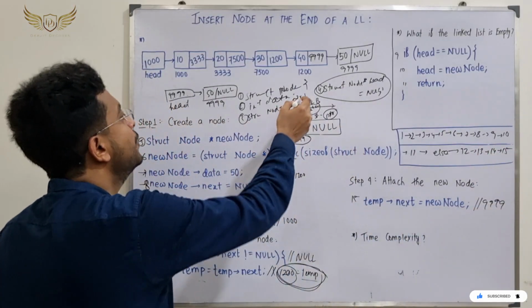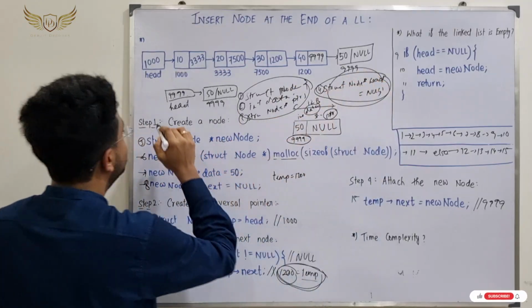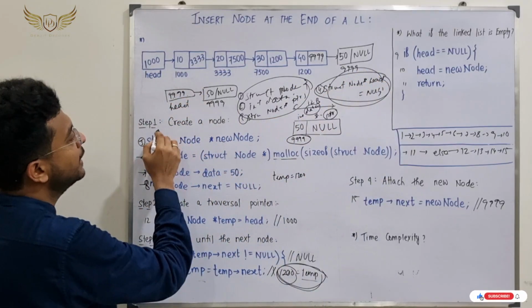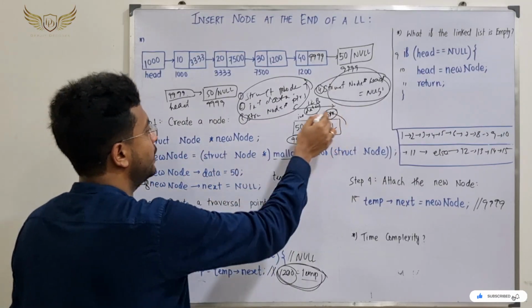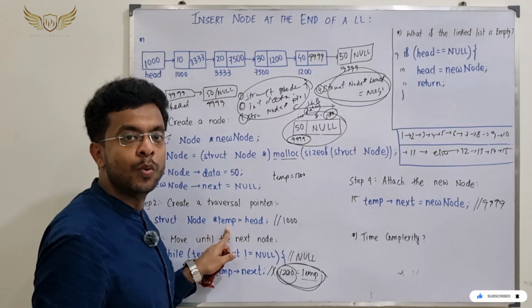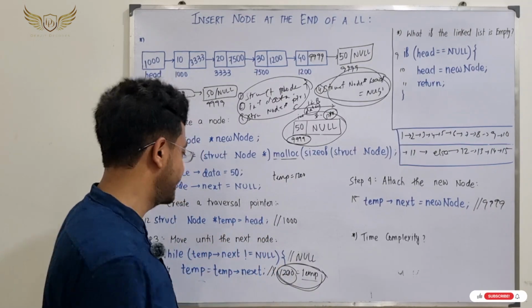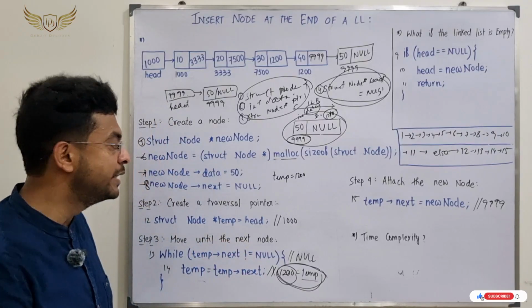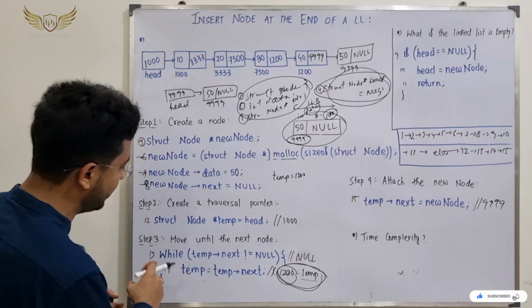So you first create the node structure, you assign the head to null, then you create the new node. After that, you take a temporary variable to do the traversing. You can do that using head as well, but we do not risk it. That's why you take another temporary variable, which copies the value of head, and it will be used to traverse the entire linked list.